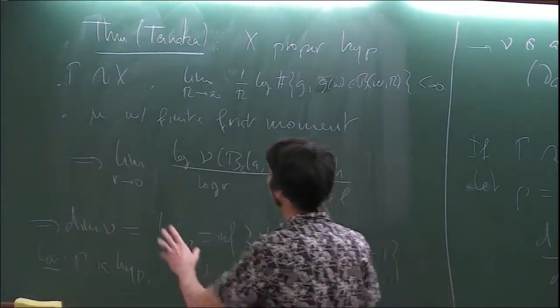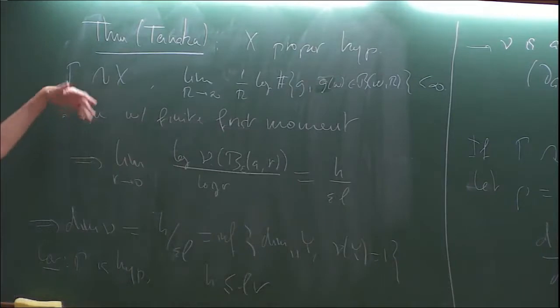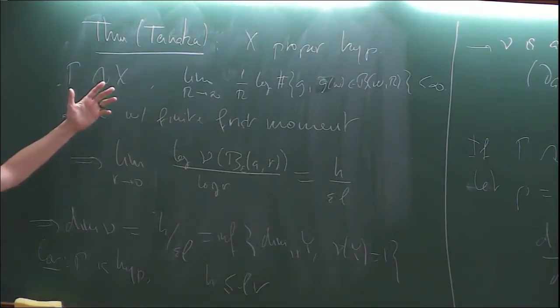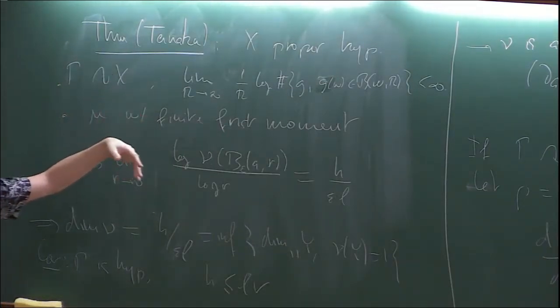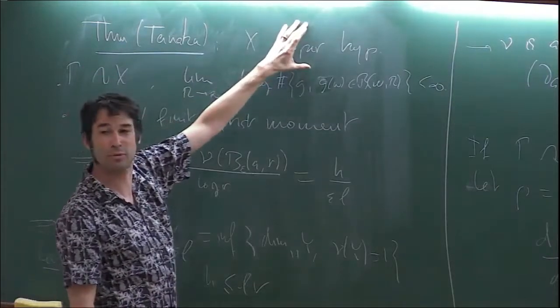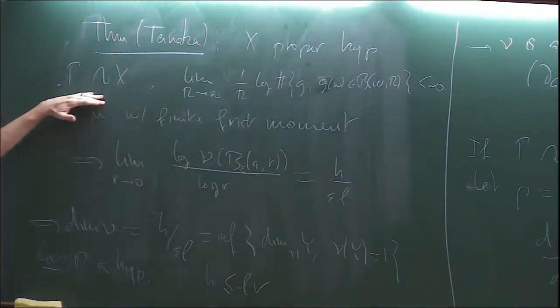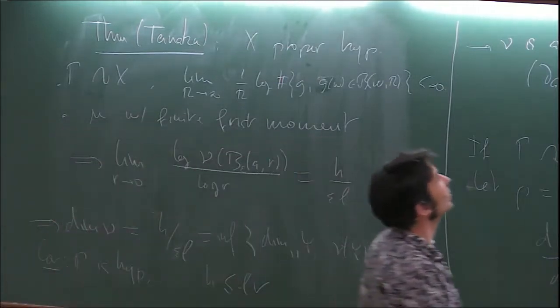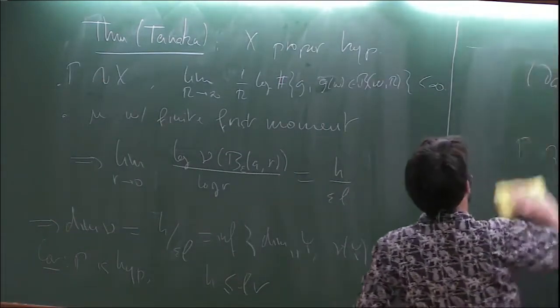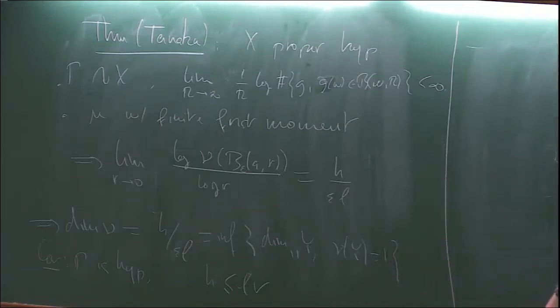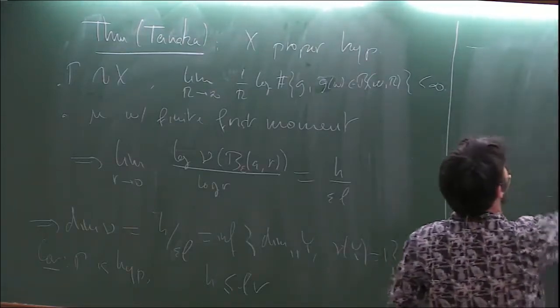And so I would like to sketch. So Tanaka has several statements where he covers several things. He does not need to have properness, but then he needs some strong assumption on gamma and stuff like that. What I would like to do is just sketch a proof in a very simple case.